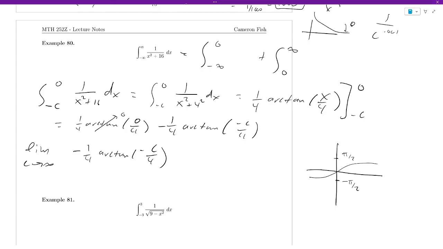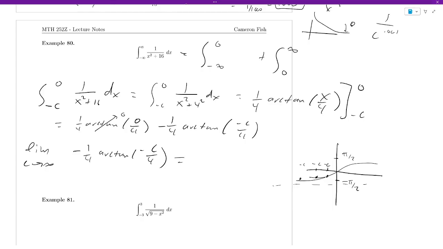So as c goes to infinity, I'm doing arctan of negative c over 4. So I'm getting this value, right? Maybe this is some c, if c is 1 or something, then here's my first negative c. And then I have a bigger negative c, and then a bigger negative c out here. And these numbers are approaching, the y values are approaching this pi over 2, or negative pi over 2.